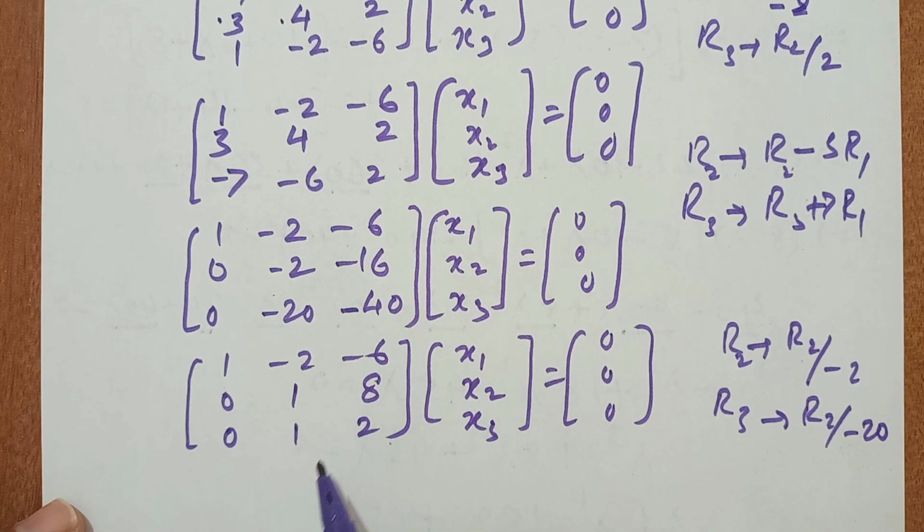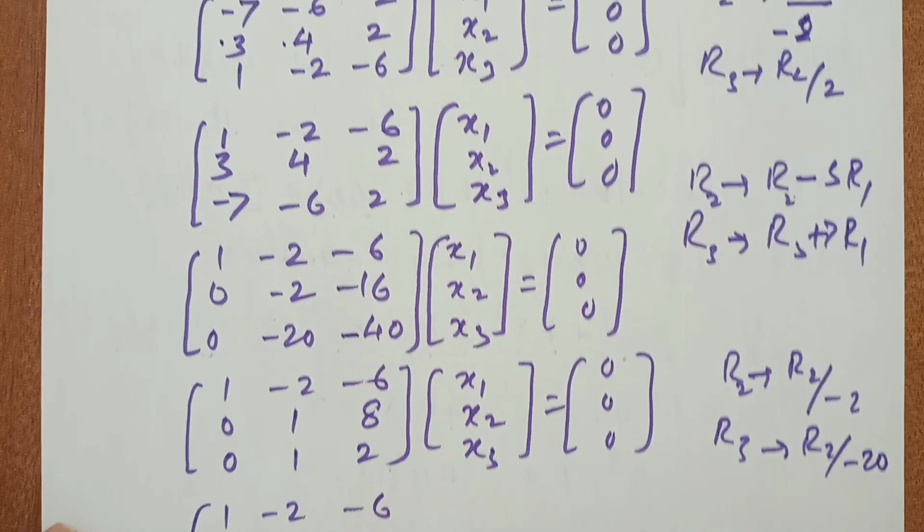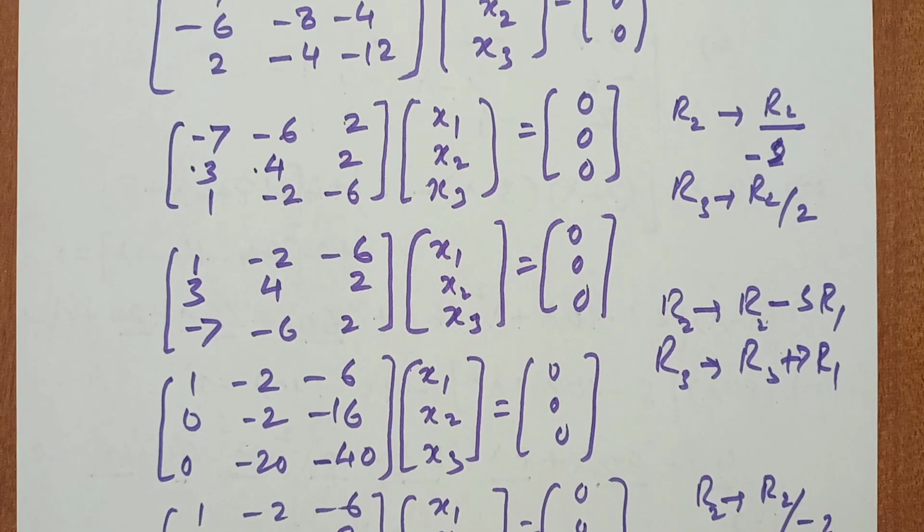So if we subtract directly, we get 1 minus 2 minus 6.